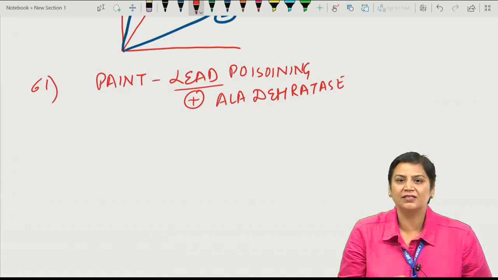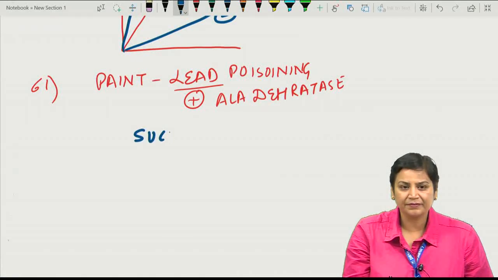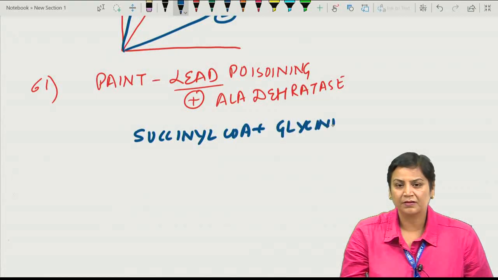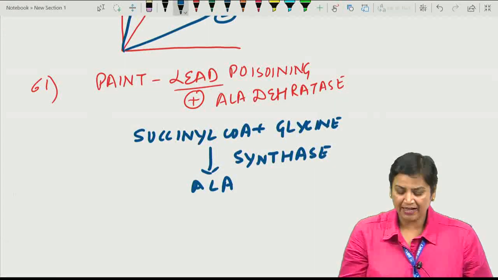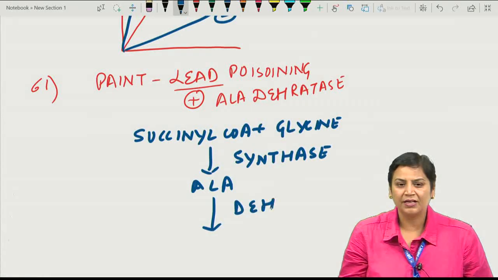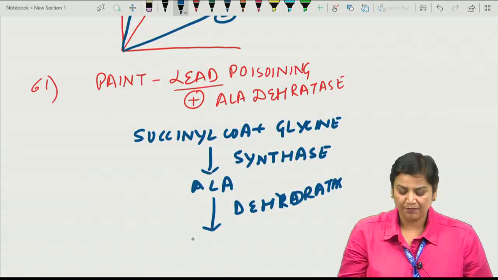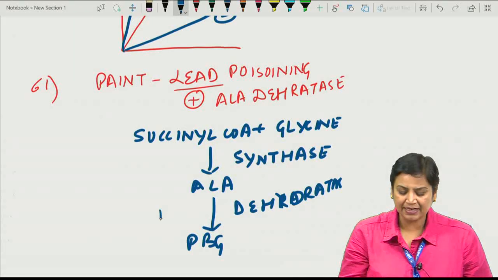The second enzyme in the synthesis of heme. Because you remember in heme synthesis, succinyl coenzyme A combines with glycine to form aminolevulinic acid in the presence of the enzyme synthase, and this ALA then will undergo dehydration in the presence of the enzyme dehydratase, forming porphobilinogen. So lead is an inhibitor of this enzyme.